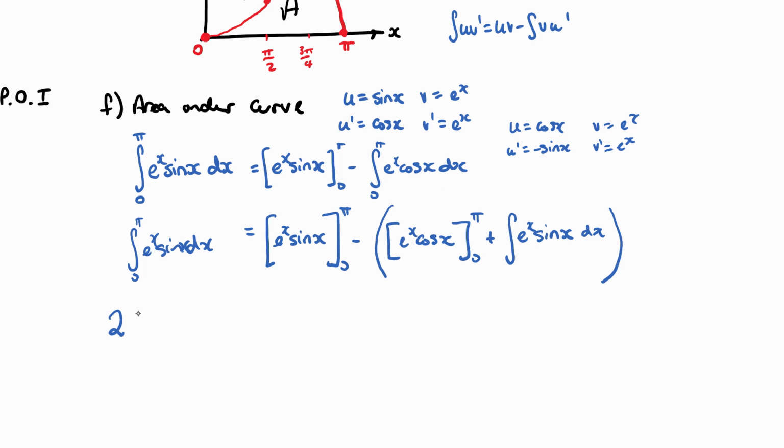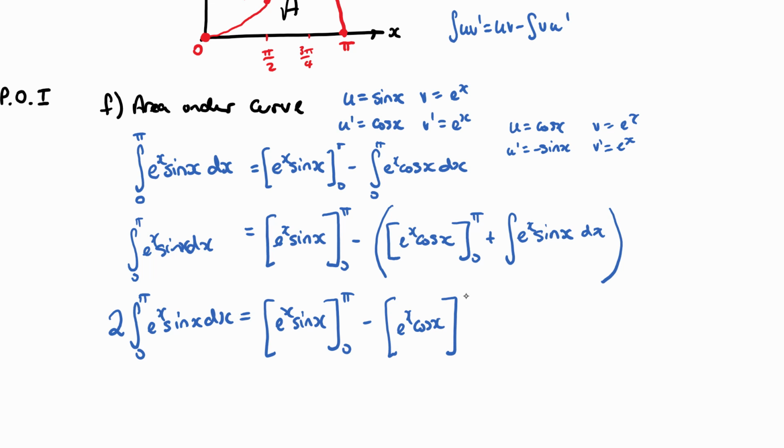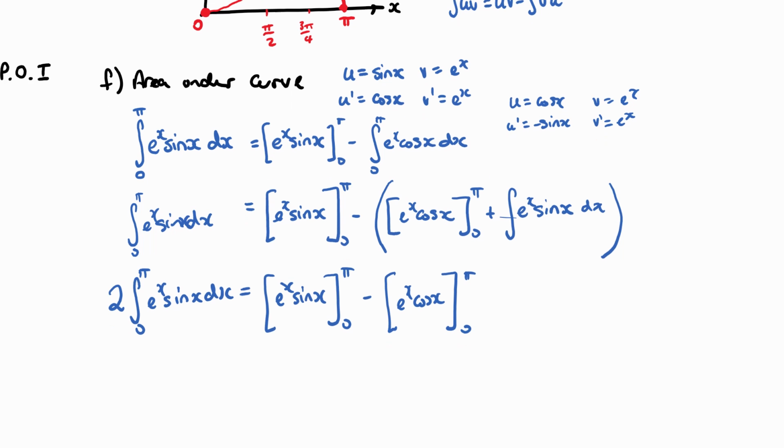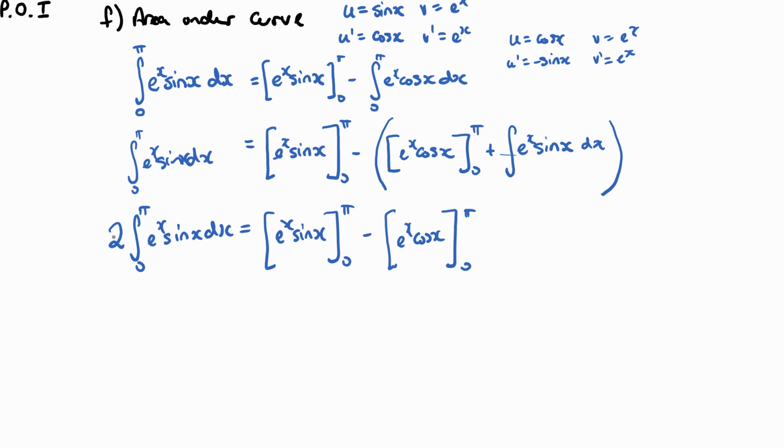There's two integrals from pi to 0 of e to the x sine x dx, which will equal e to the x sine x between pi and 0, minus e to the x cos x between pi and 0, and this was negative, so we added it over. So we can now just divide by 2, and we have our answer. This is a pretty cool way of doing this.